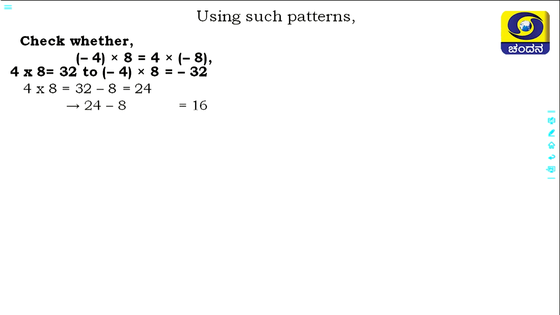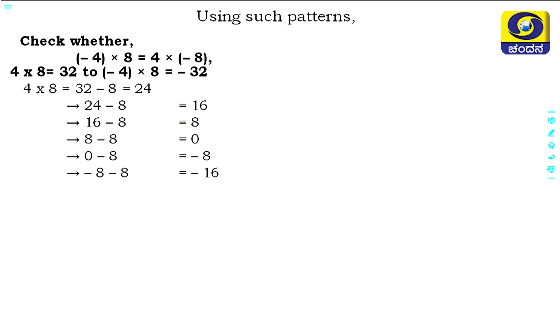Next, what is the pattern? 24 minus 8. Observe the pattern here. That is 16. 16 minus 8 is 8. 8 minus 8 is 0. 0 minus 8 is minus 8. Minus 8 minus 8 is minus 16.